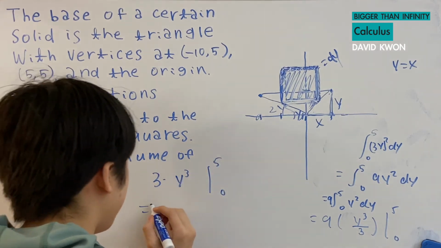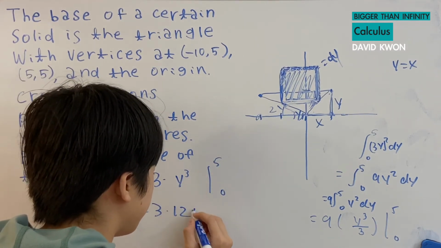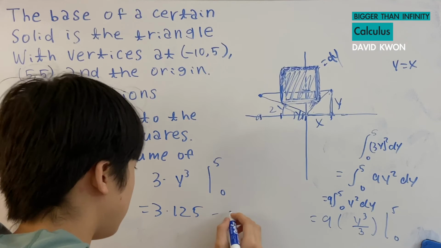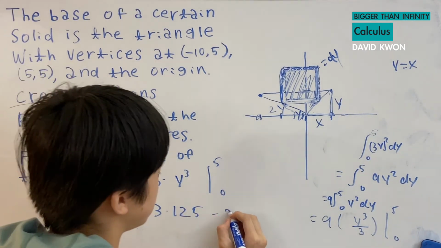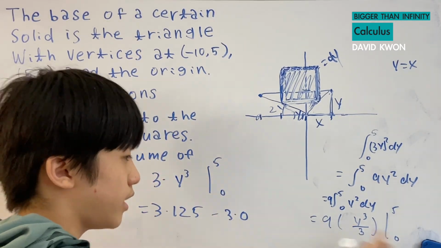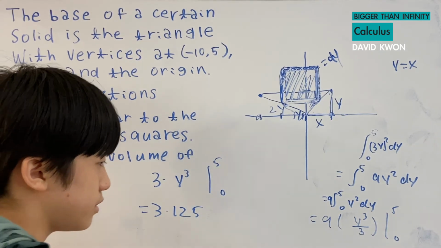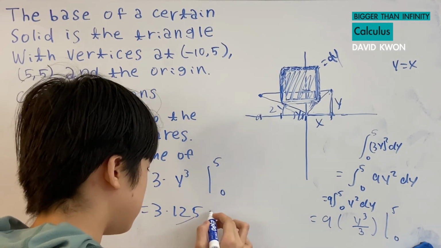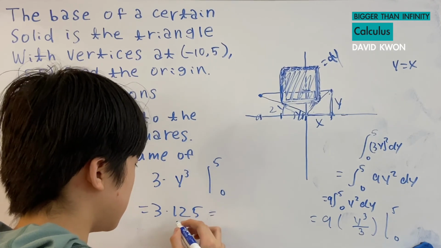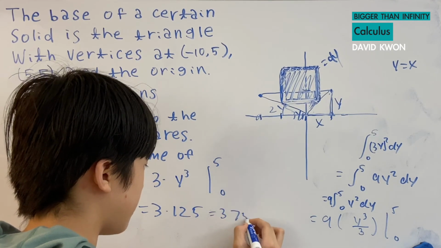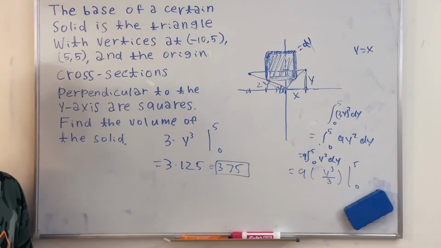When you put in the 5, we get 3 times 125, minus putting 0 in there, which is 3 times 0, and that is just 0, so nothing goes there. And now this is equal to 375. Thank you for watching.